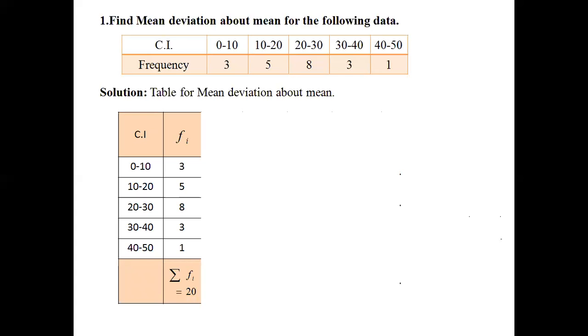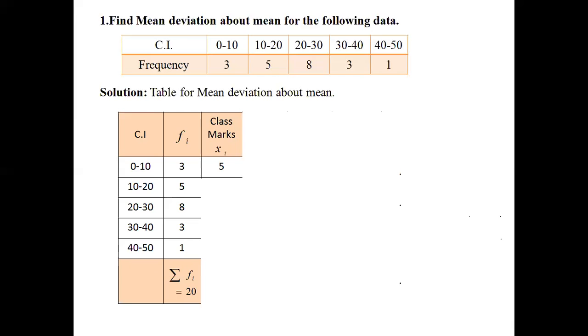Then in the next column, we have to find the class mark. This class mark xi means the mid value of the class interval. So for the first class 0 to 10, the class mark is 0 plus 10 upon 2, just the lower class limit plus upper class limit divided by 2, which is equal to 5.